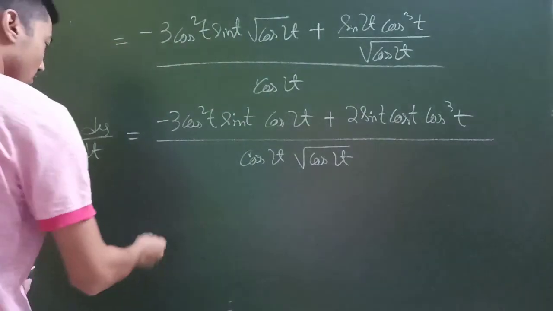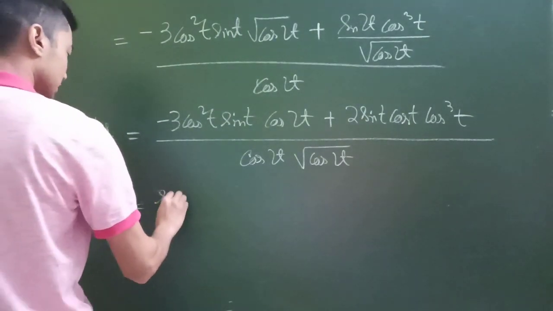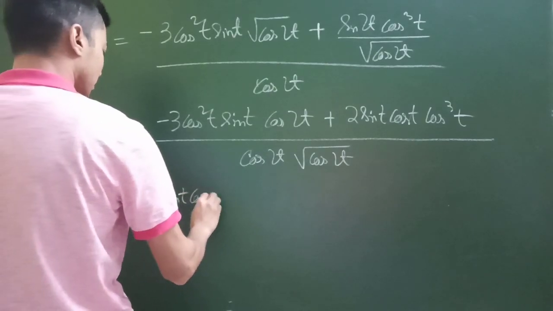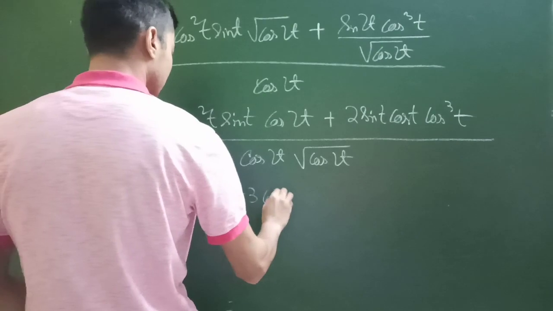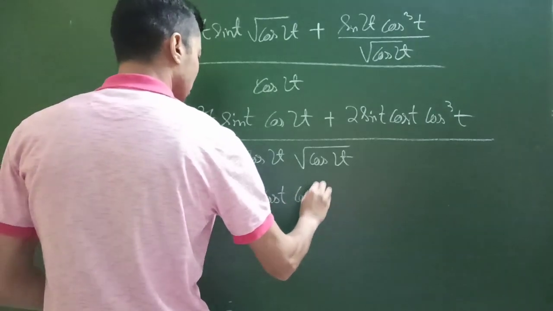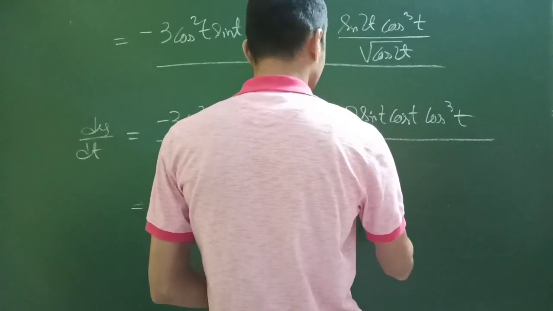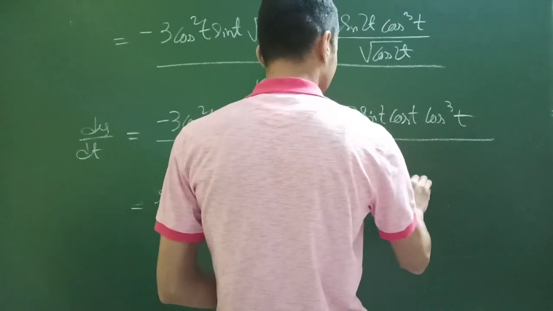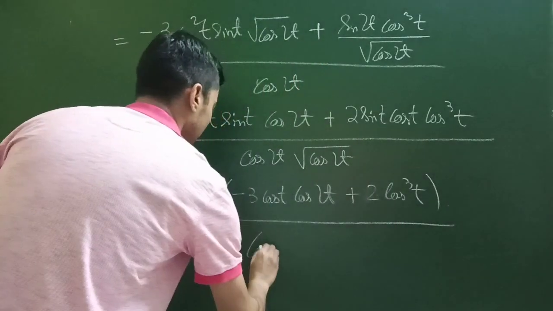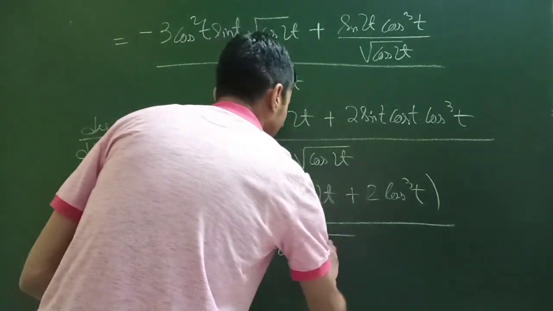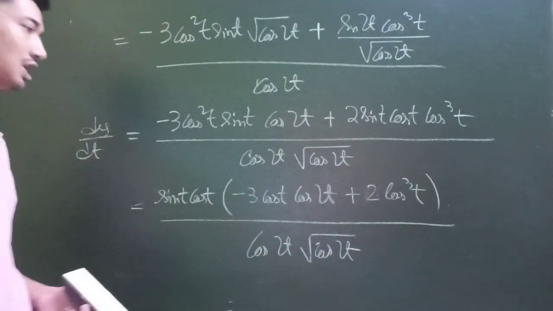Okay, so let's just take sin t cos t common. So that's going to be minus 3 cos t cos 2t plus 2 cos cube t divided by cos 2t root over of cos 2t.